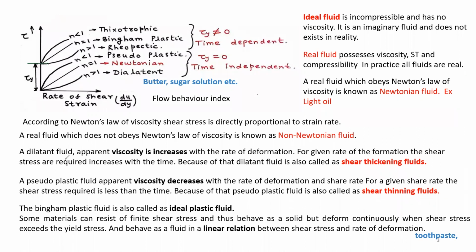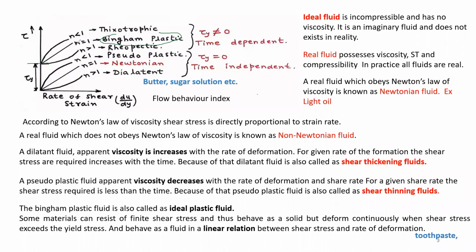So if you see this, the ideal plastic material is also called a Bingham plastic material. Some external yield force or yield stress is required to cause the flow. Here, no external shear force is required to cause the flow. But in a Bingham plastic, initially the yield stress is required.